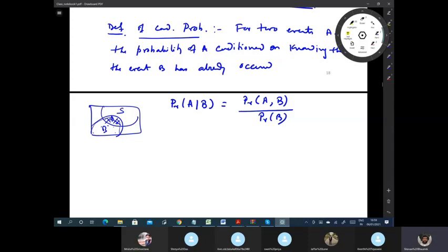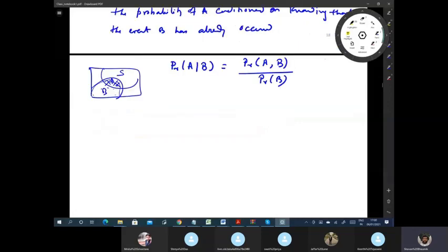Now tell me, does anybody have any doubt or need clarification? I am going through it very quickly, without any examples, so that we can enter our main area quickly. This is a kind of brush up, very basic concepts.